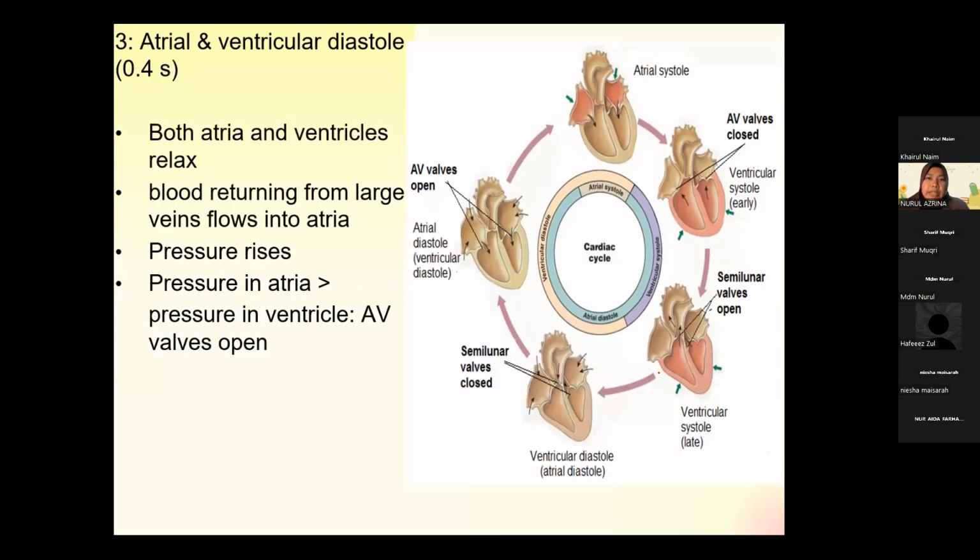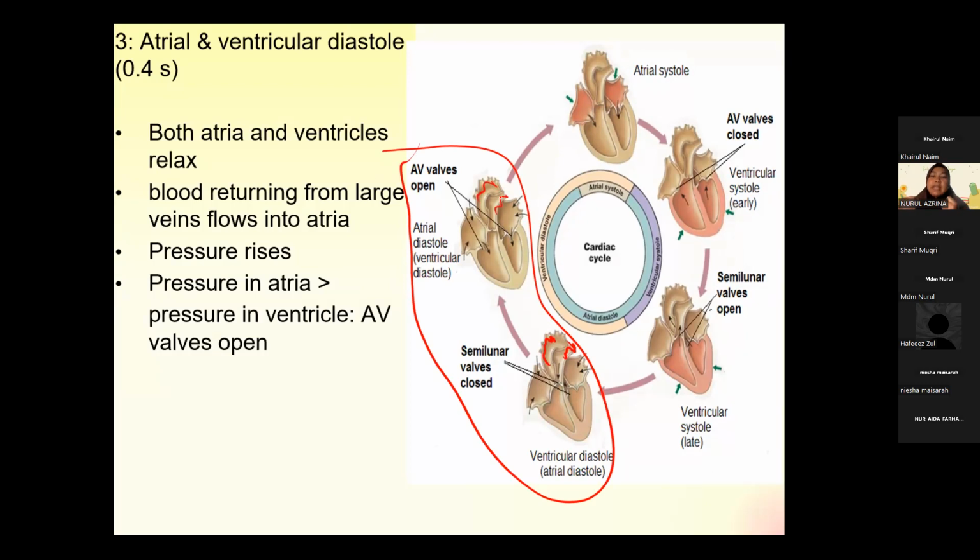The third stage of cardiac cycle, atrial and ventricular diastole. Remember, atrial and ventricular diastole. Now imagine that our blood is here in the large arteries. So next what happened?